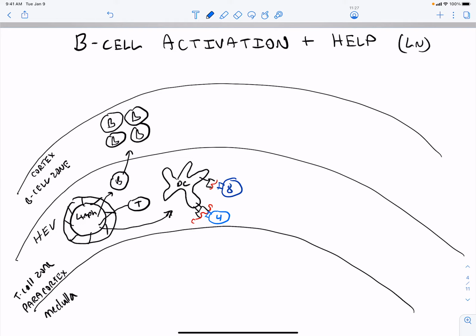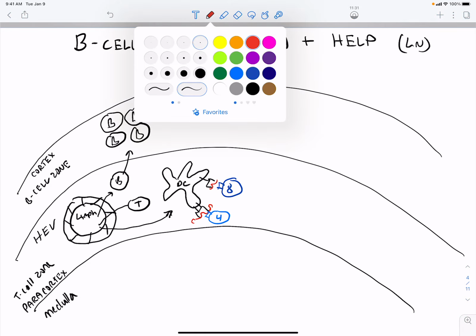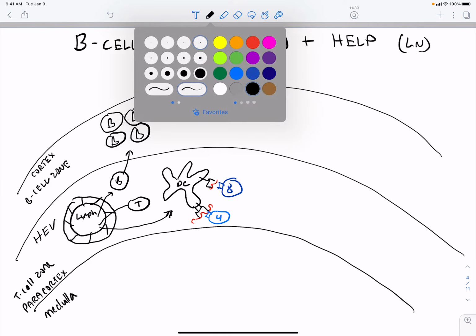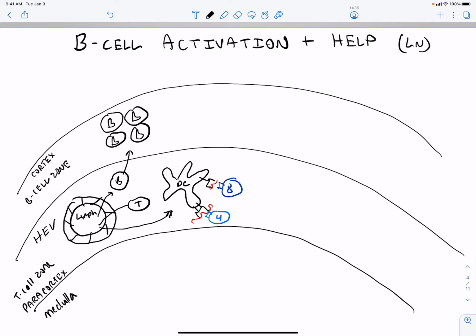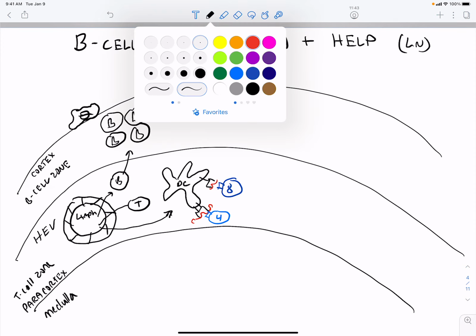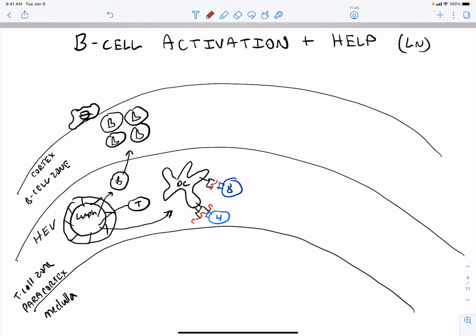Now what happens with this antigen is in the B cell area, you're going to have a special class of macrophages that line the sinuses. So here's a macrophage. And these macrophages are subcapsular sinus macrophages. I'll write that.